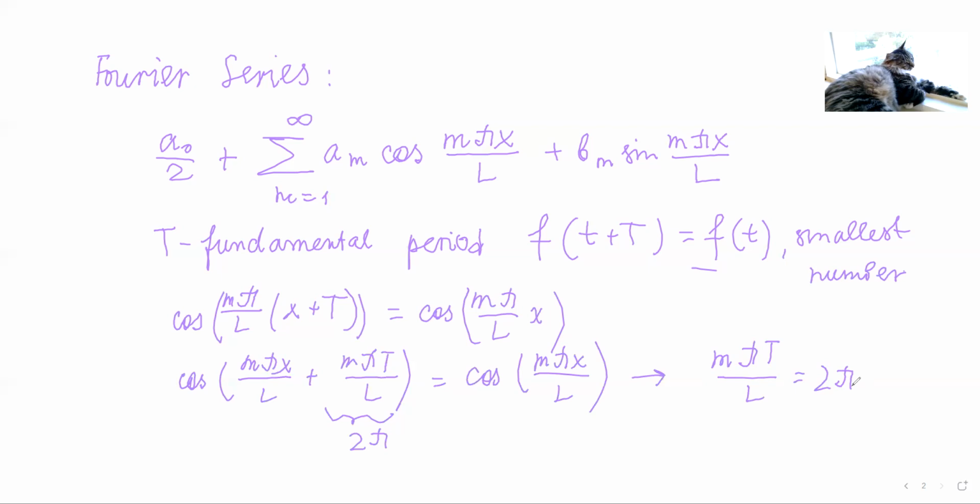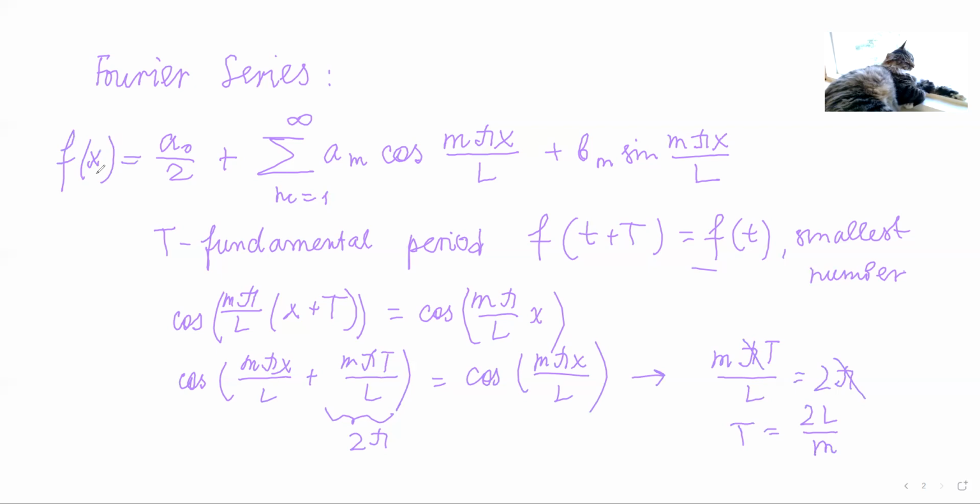And, well, let's cancel pi. And the period is going to be 2L over m. Well, guys, if m equals 1 for the very first cosine function, the period is just 2L. So basically 2L is the smallest period of the cosine function. And that's going to be the period of the function for which we are going to look for representation.